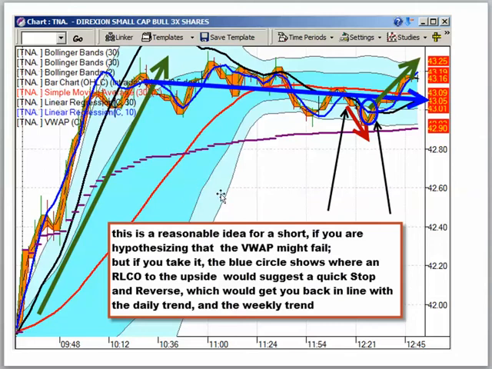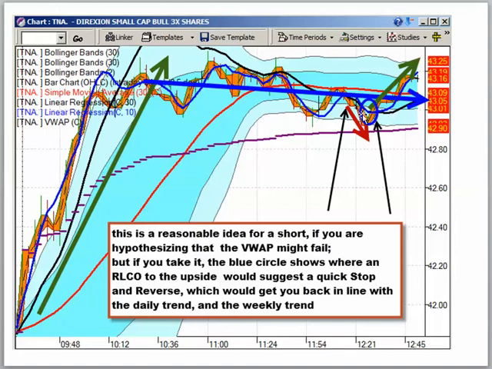The floodplain, we call that the river. The floodplain is the lighter blue on the outside. That's Bollinger Band 30 plus or minus 2. The red line is the Bollinger Band mean. Black line is the 30-period moving regression line. Thin blue here is the 10-period regression line. This is the volume-weighted average price.